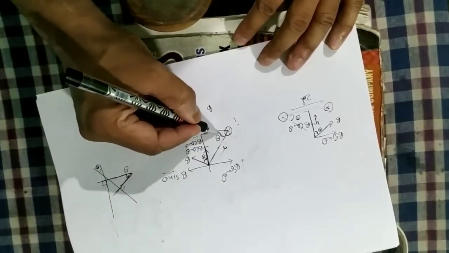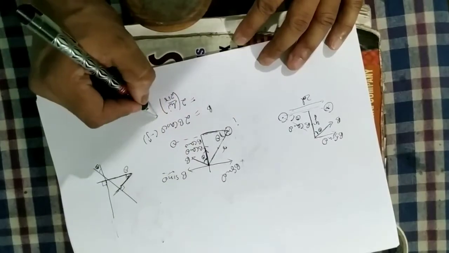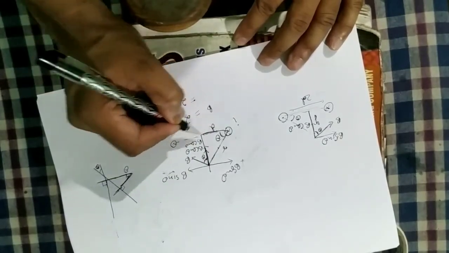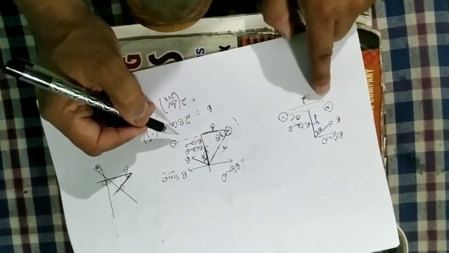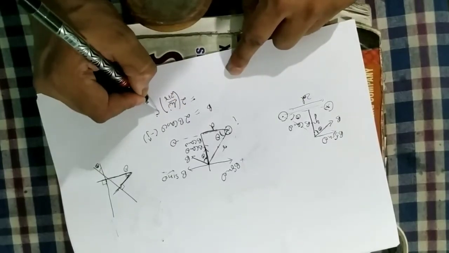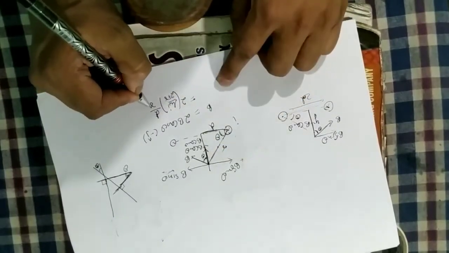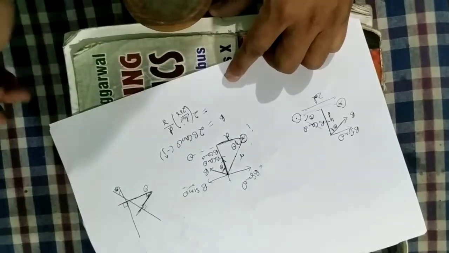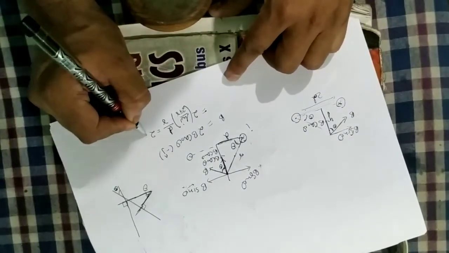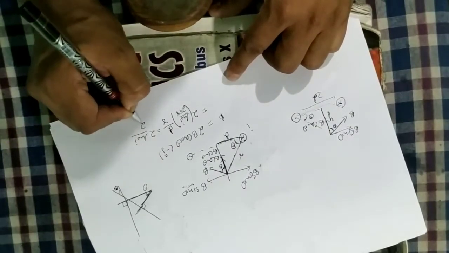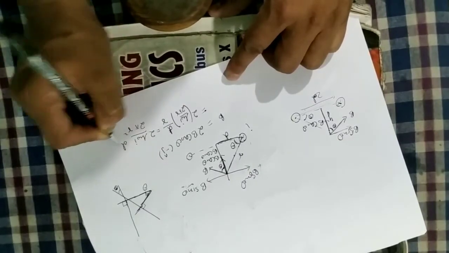What is cos theta? Cos theta is base by hypotenuse. Now base is d because I have used the whole distance as 2d. So base is d, cos theta is base by hypotenuse, hypotenuse is r. Correct? And this is equal to 2 mu naught I by 2 pi r square into d.